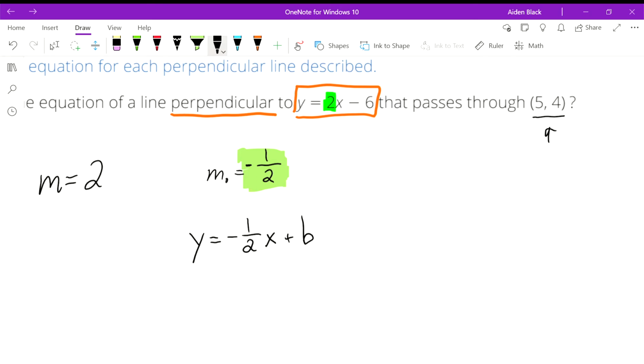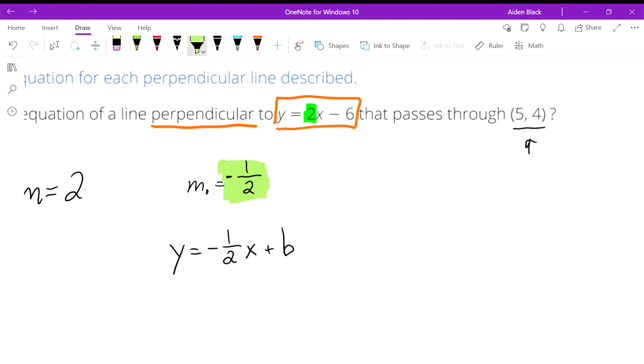So what we got to do now is plug in our x and plug in our y so that we can find the value of b and plug it in.